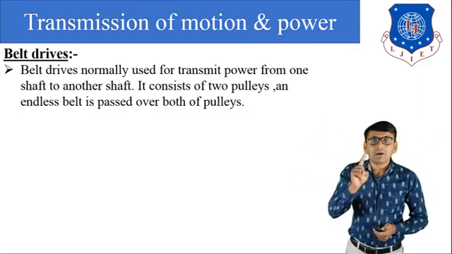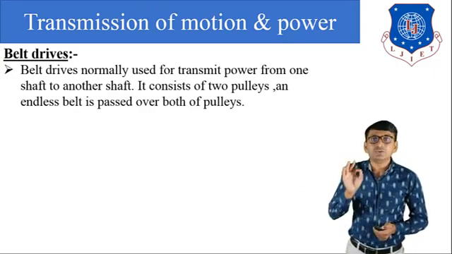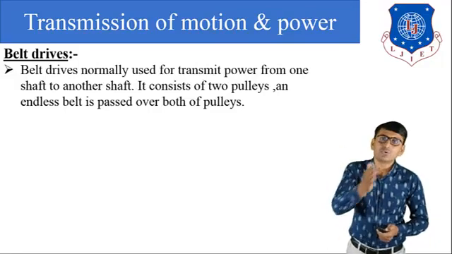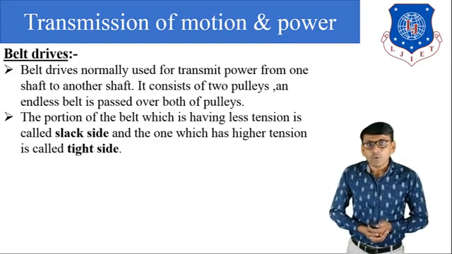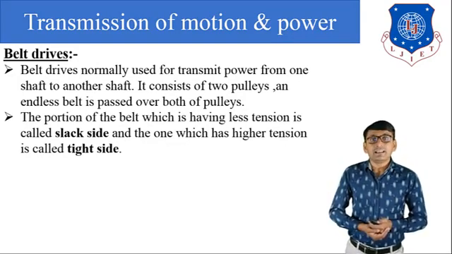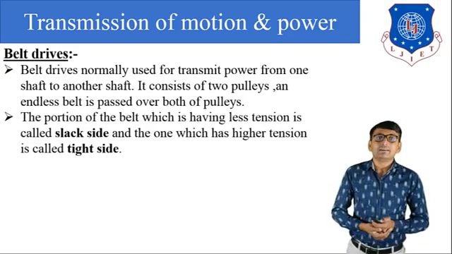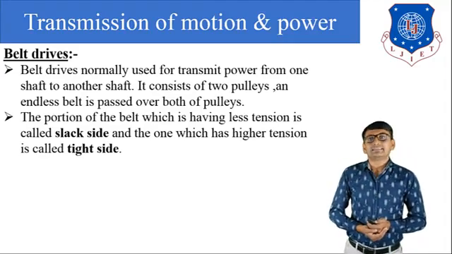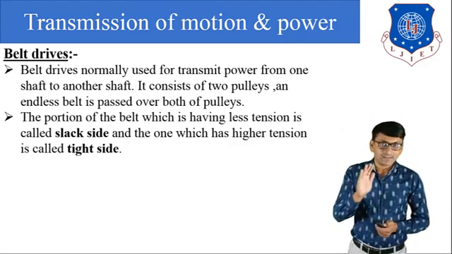This arrangement is used to transmit motion and power from one shaft to another shaft. The portion of belt which has less tension is called the slack side, and the portion of belt which has high tension is called the tight side.